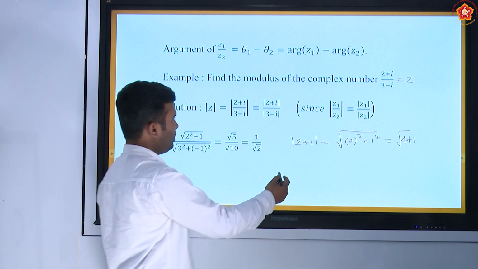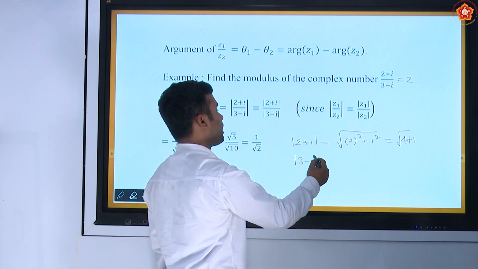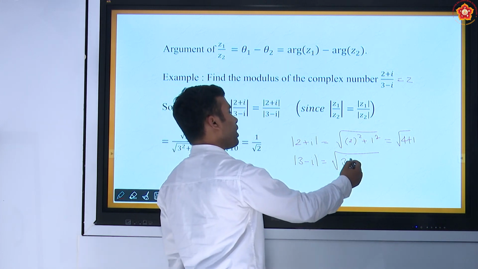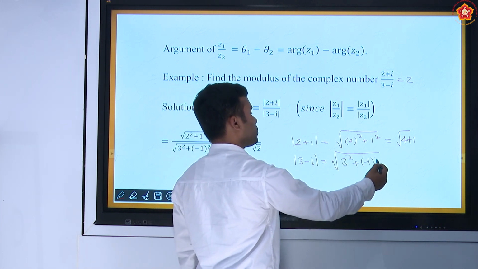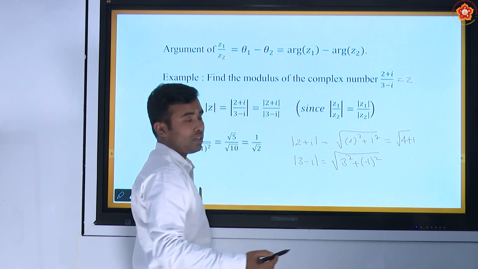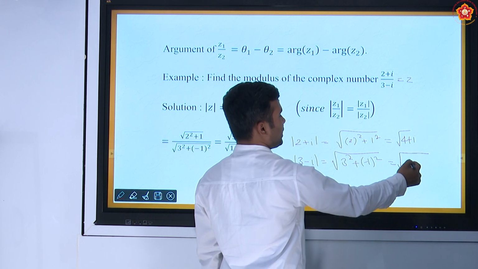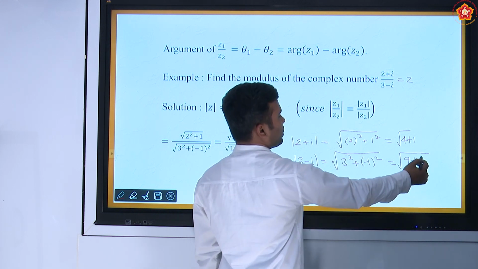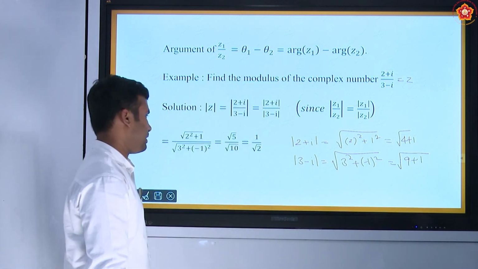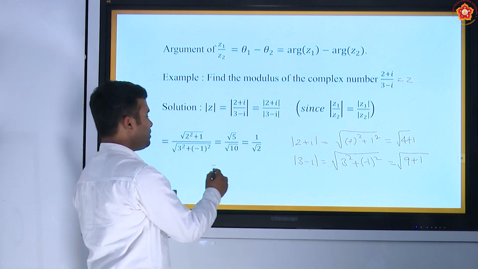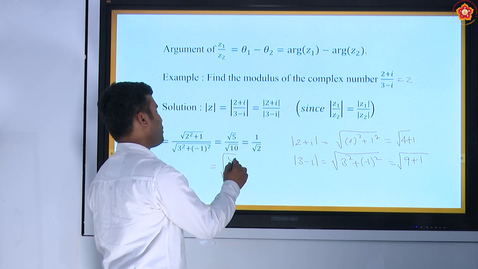Similarly in the denominator, which is 3 minus i, the modulus of 3 minus i can be written as 3 square plus (minus 1) square. The imaginary part here is minus 1. So this is 3 square is 9 plus (minus 1) square is 1. So 9 plus 1 is 10, which is square root of 10. And this can be written as square root of 5 by 10.